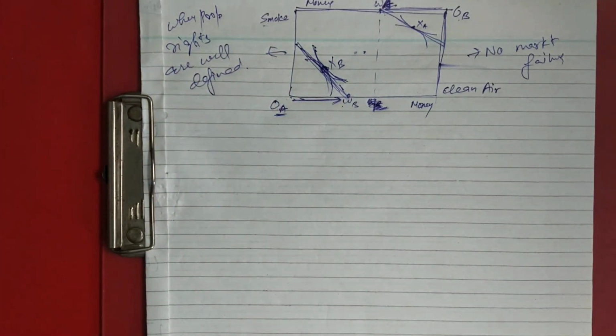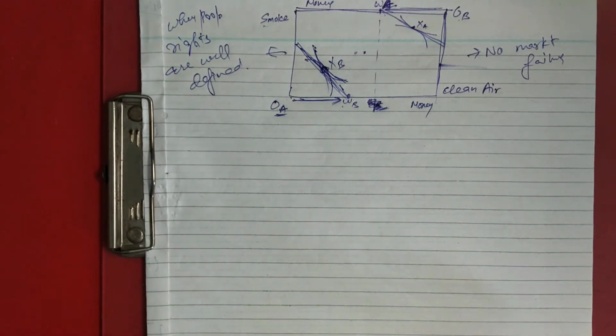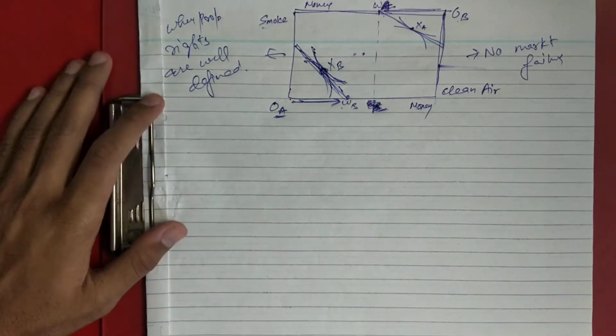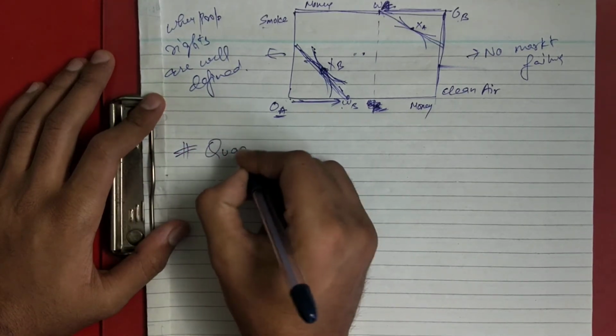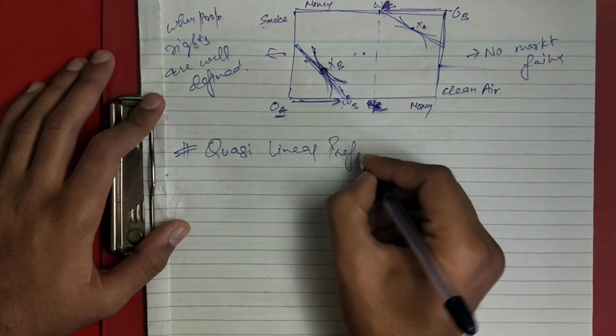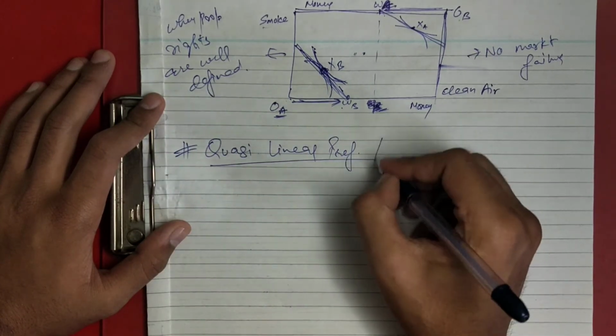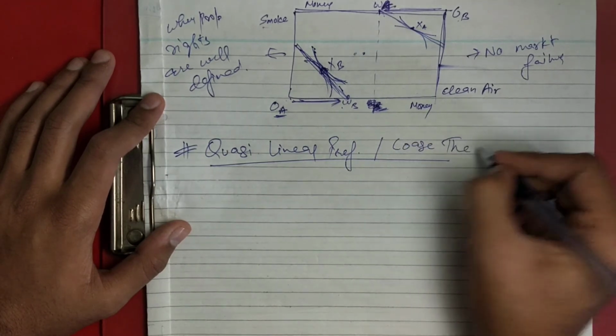Now we will see our second case or second preference, which is quasi-linear preference. This is the second topic basically, also known as the Coase theorem.